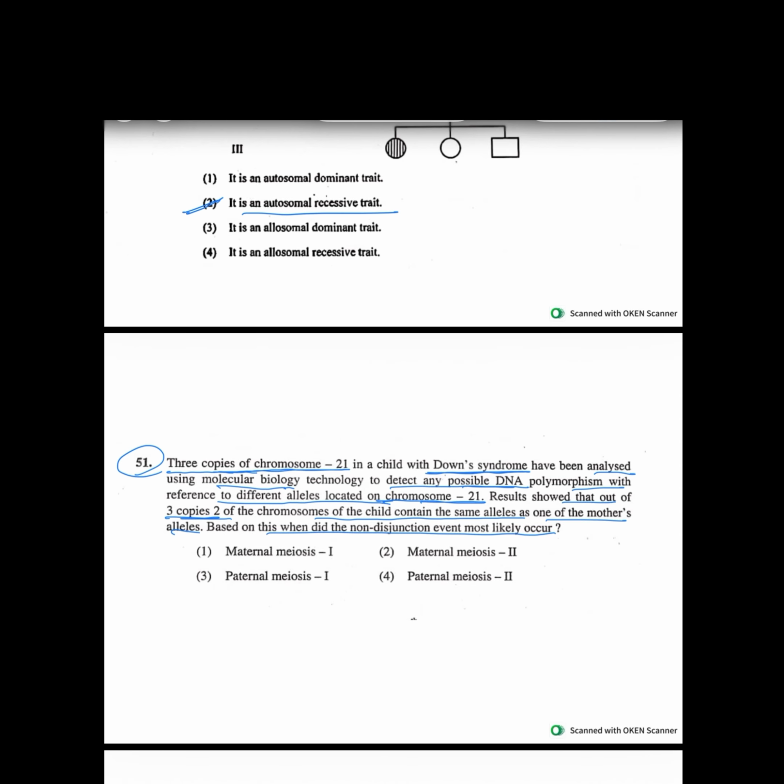Based on this, when did the non-disjunction event most likely occur? So, non-disjunction of the chromosome occurs during the maternal meiosis 1.